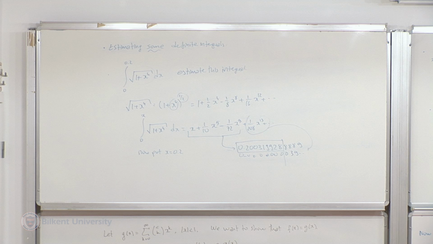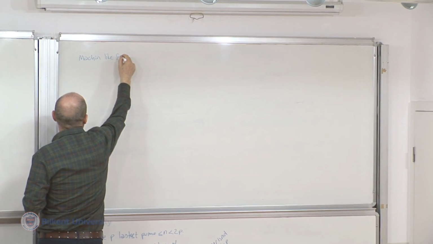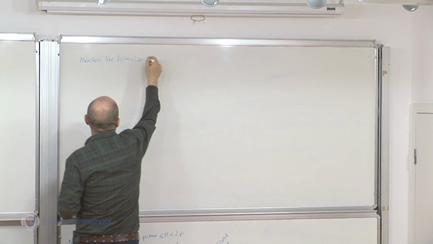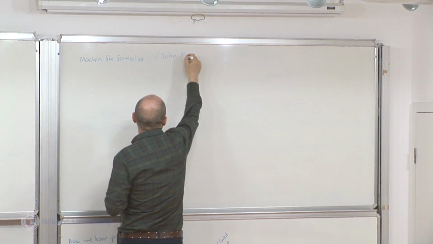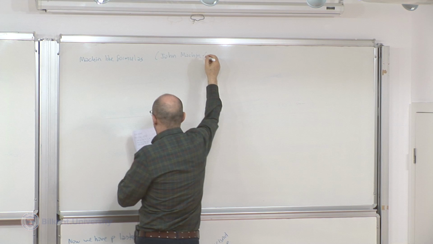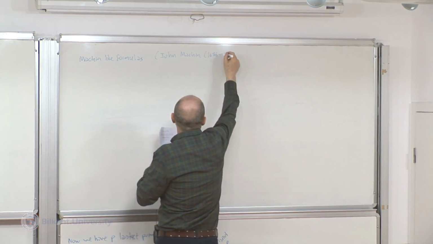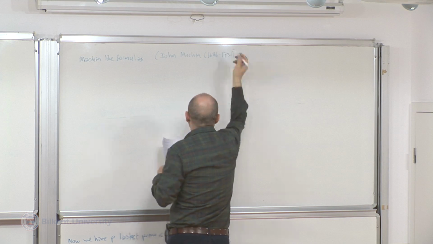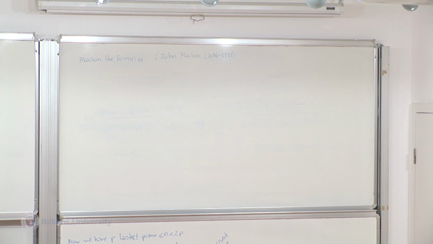I think Wikipedia goes like Machine-like formulas. Okay, so this gentleman is John, and he lived in the 17th century, 1751, also in the 18th century. So his calculations are as follows.